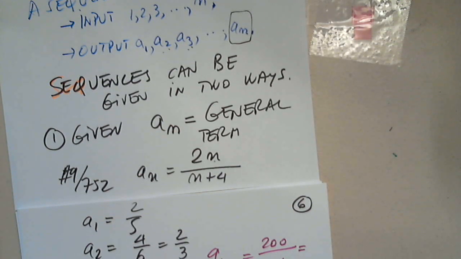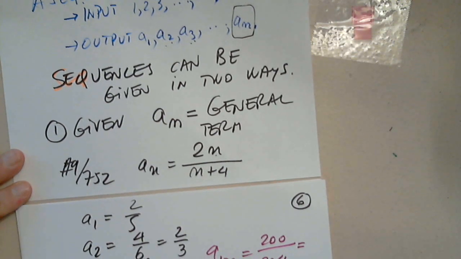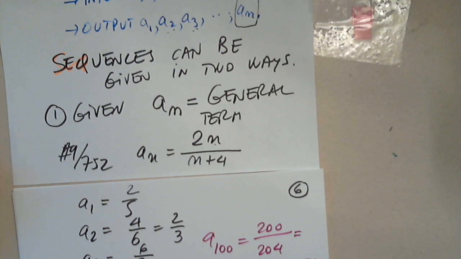I have a question. Why is the denominator 204 if 100 is the input? Oh, okay, my bad. I thought I was misunderstanding. I'm sorry. I did plug in 100. Yes, of course. Thank you. So 100 over 52.